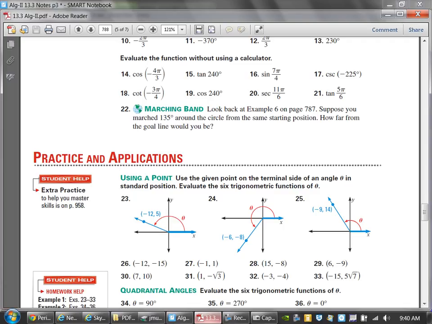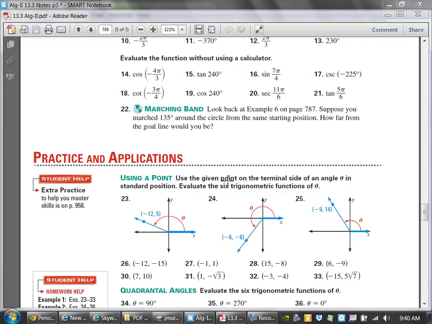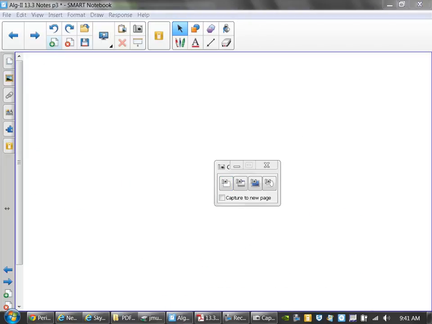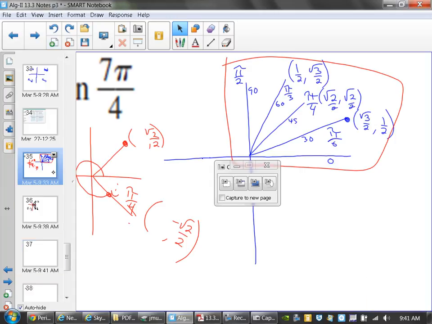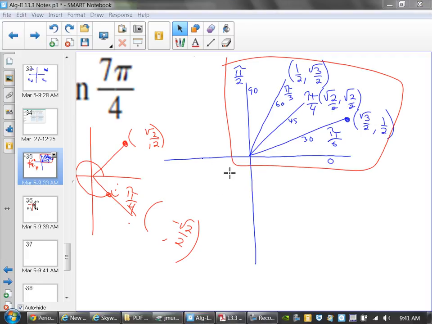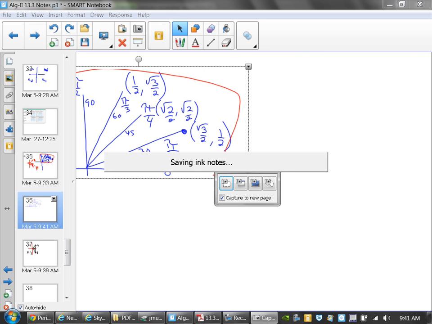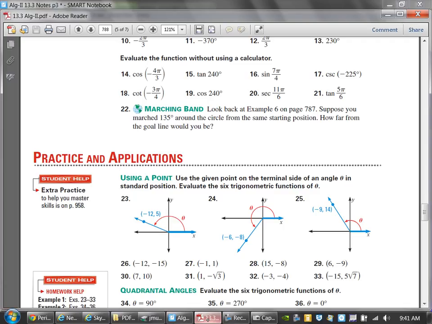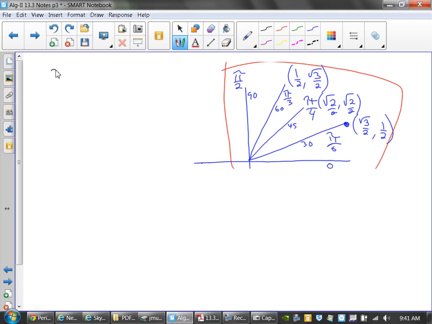All right. Let's look at another one. It was negative 4 pi over 3.